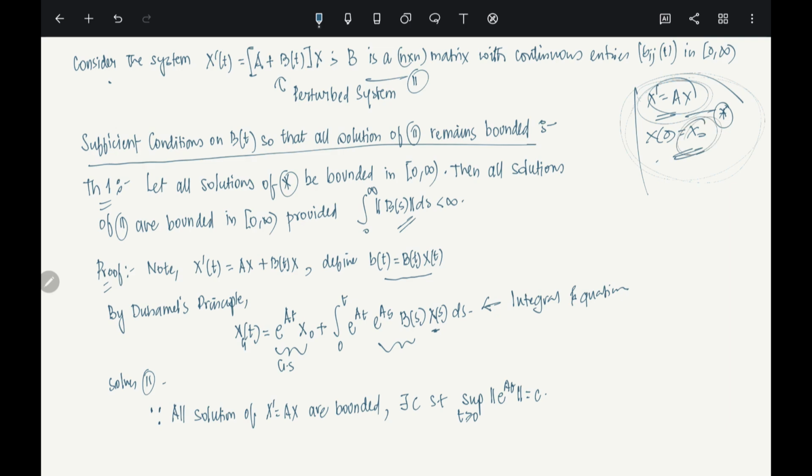I can change x naught to x naught plus delta x naught, doesn't matter. The only thing which provides the boundedness is what happens to the exponential matrix. Now definitely, if all solutions are bounded, the supremum of e to the power At for t greater than or equal to 0 has to be some constant C, otherwise they are not going to be bounded, right?